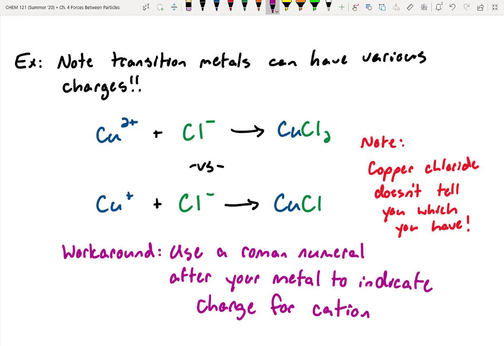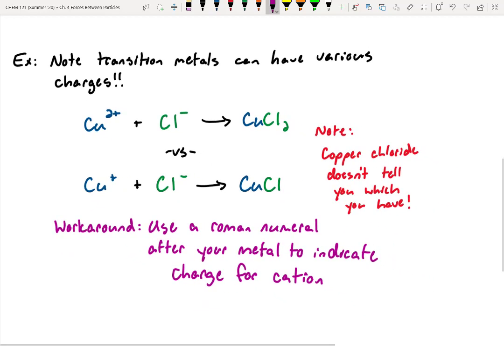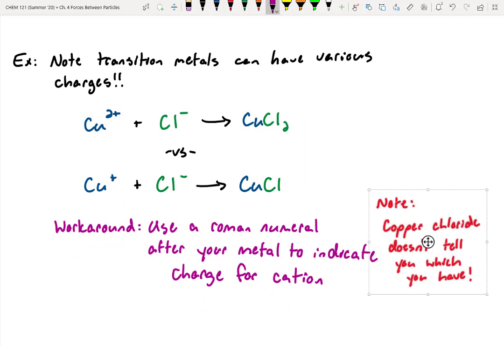Okay, so let's go ahead and take a look at each of these. And in fact, I'm going to move my note off to the side here, and let's try to name each of these.